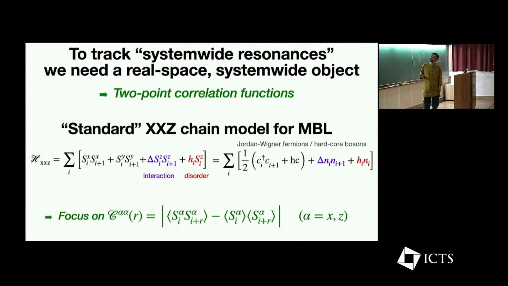In the spin language, you have the XY part, which is non-interacting, plus interactions and disorder. Using the Jordan-Wigner transformation, for example, it can be seen as fermions hopping and interacting in a random potential. So this is a quite general model, yet simple enough to capture the physics of MBL. And we are going to focus on this 2-point spin-spin correlation function.